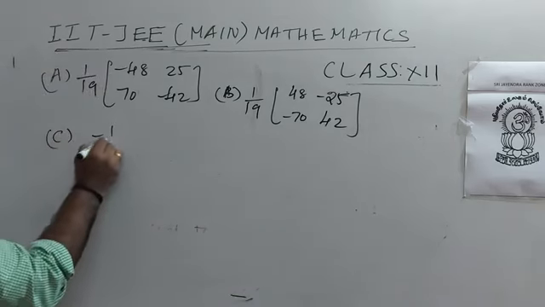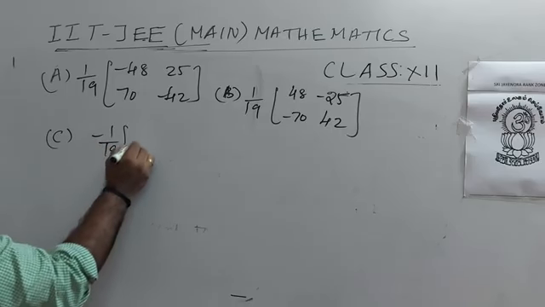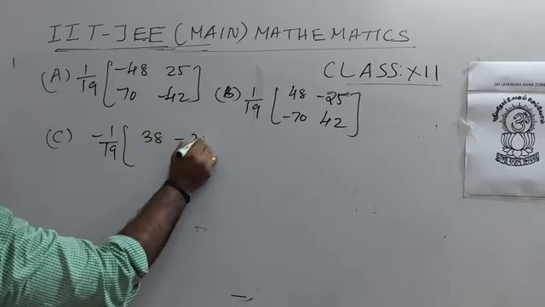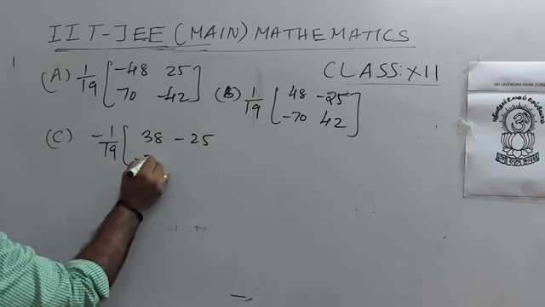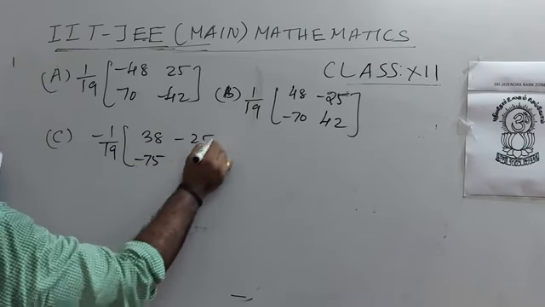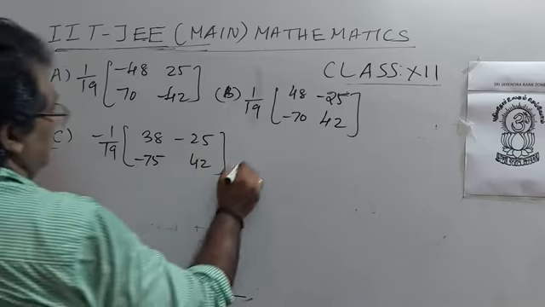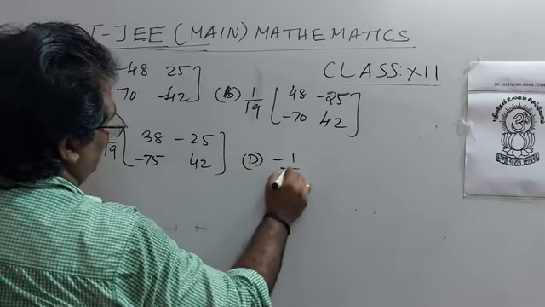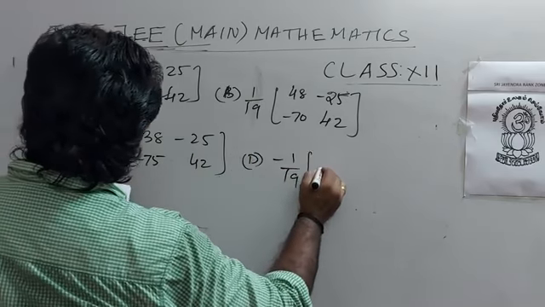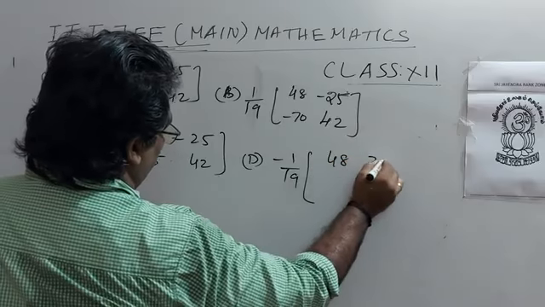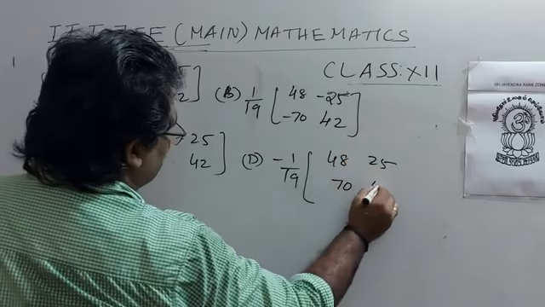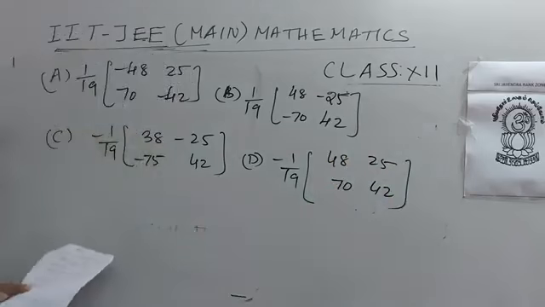Option C, minus 1 by 19 [[38, minus 25], [minus 75, 42]]. Option D, minus 1 by 19 [[48, 25], [70, 42]].